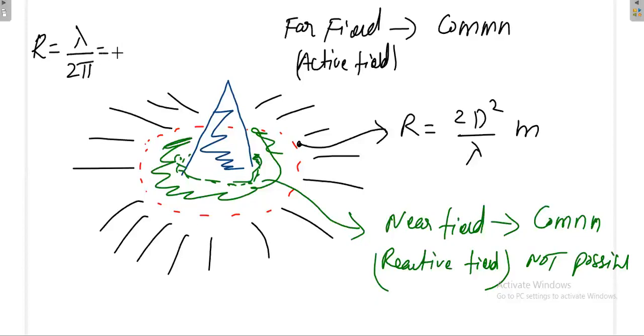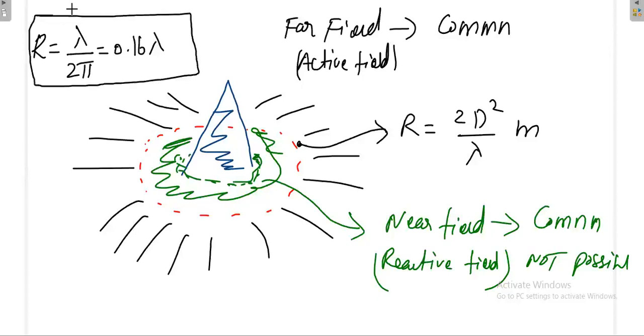What is 1 by 2 pi? Anybody? I think it is 0.16 lambda. So the other limit to identify the near field and far field is this formula.